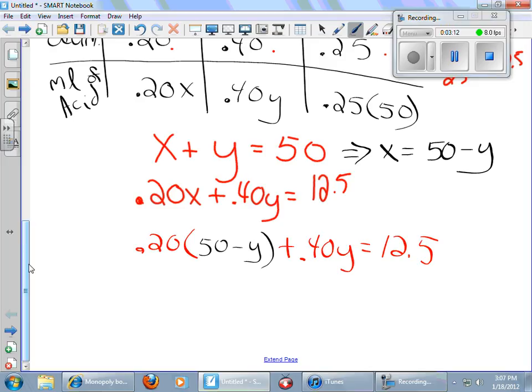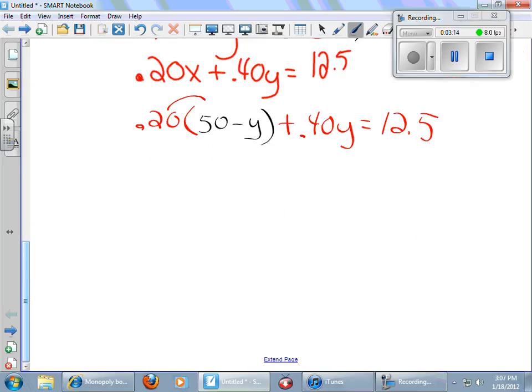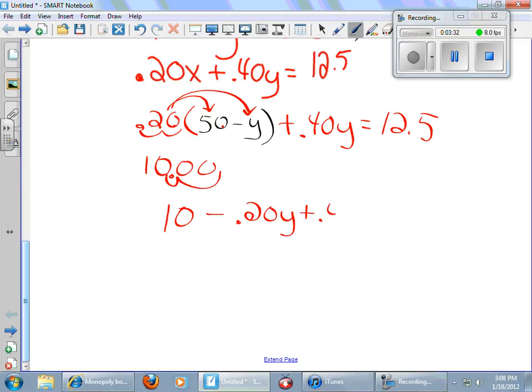I'll do a little distribution right there, and that'll, let me see, 2 times 5 is 10, and then there's 2 zeros, but then there's 2 decimal places, so the answer will be 10. So I'll get 10 minus 0.20y plus 0.40y, and that'll equal 12.5.